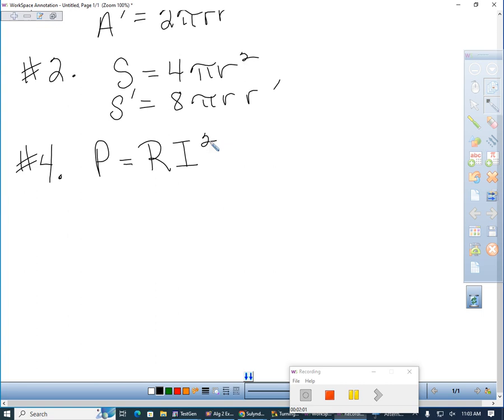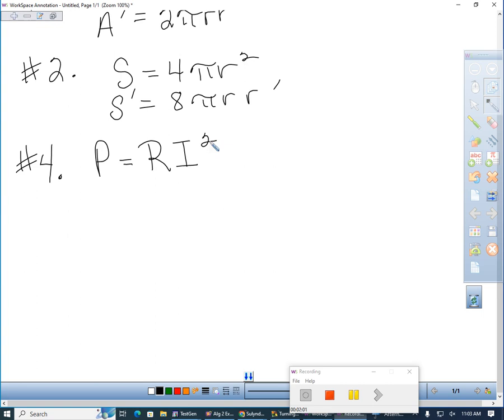For part A, it says, how is dP/dt related to dr/dt and dI/dt? So for part A of number 4, all it wants us to do is find the derivative.